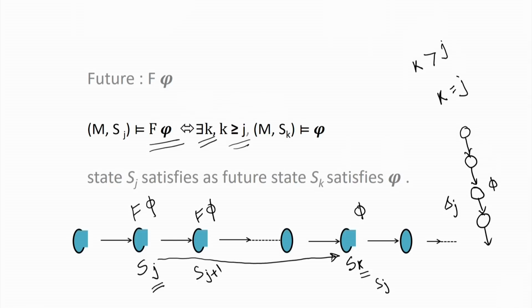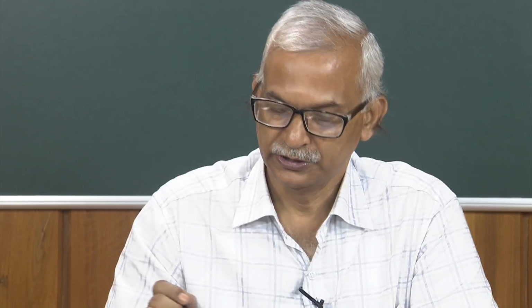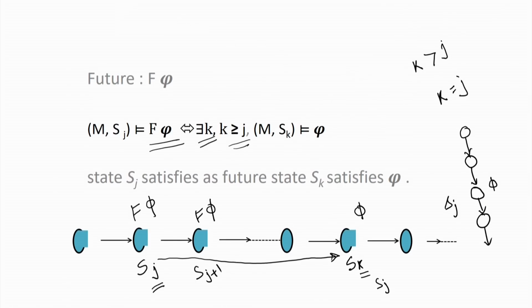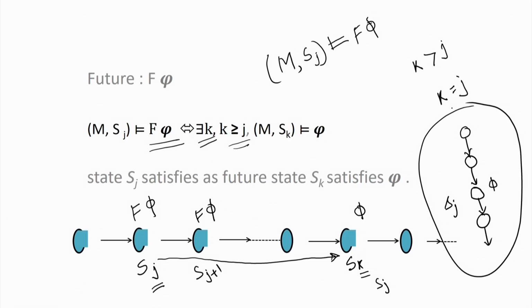I am just looking into one particular state S j, and in this particular state S j phi holds. Now, if I am going to ask whether M, in the state S j of the model M, whether it models F phi or not, or whether F phi is true in S j or not in this particular model. Just consider this particular model.